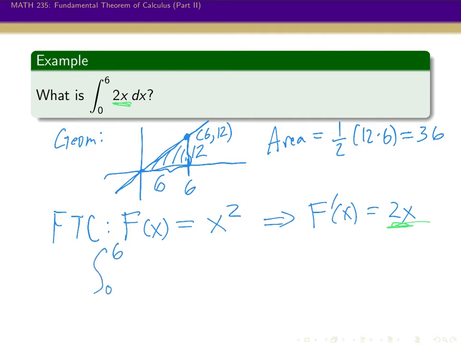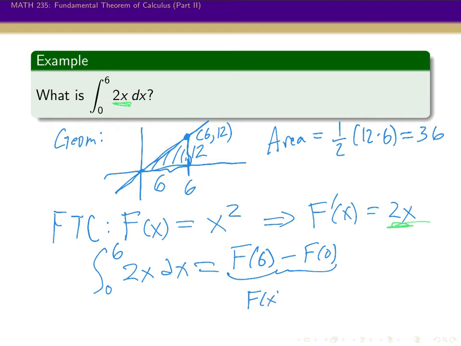And so the fundamental theorem of calculus then tells me that the integral from 0 to 6 of 2x dx is going to equal, well, I take my big F and I take the difference of it between the two bounds. And so the shorthand notation that we often use for this difference would be: take F of x, take the value at 6, and subtract off the value at 0.